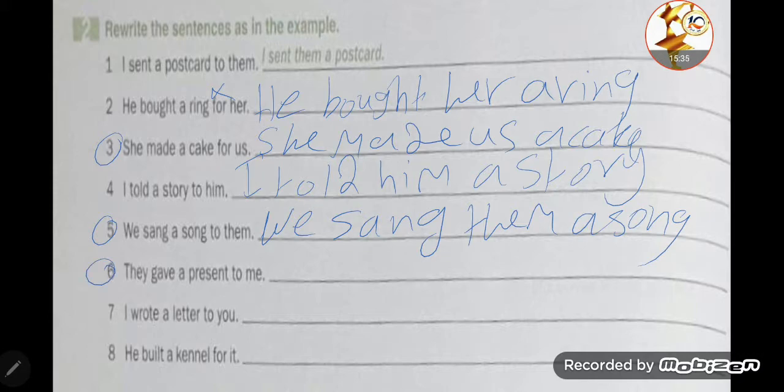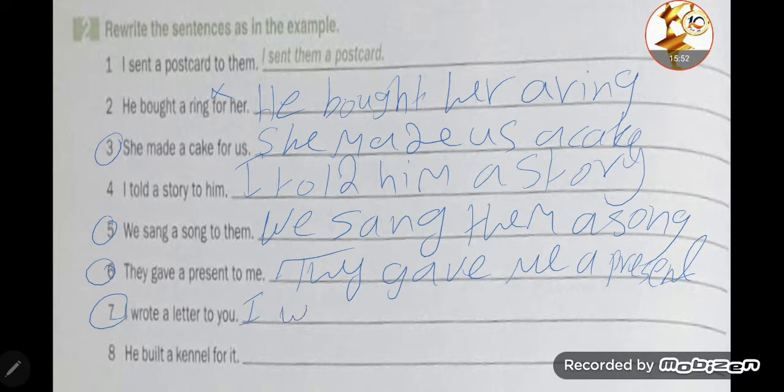Number 6. They gave a present to me. They gave me a present. Number 7. I wrote a letter to you. I wrote you a letter.